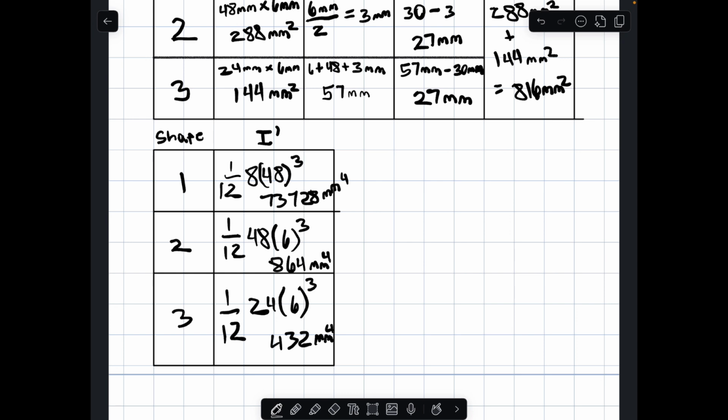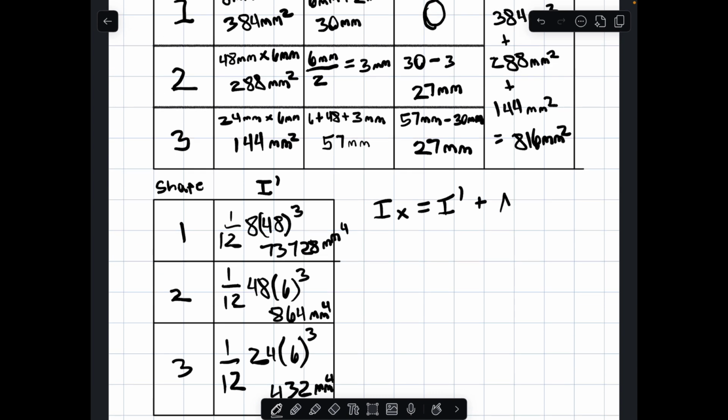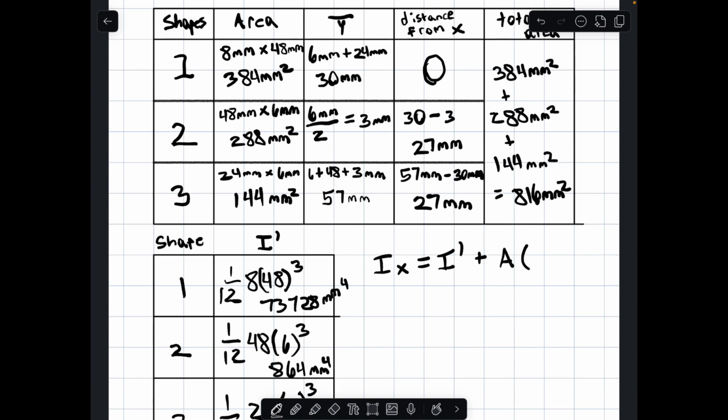Now we need to use the parallel axis theorem, which is Ix equals I plus the area of the shape times the distance from the x-axis squared.